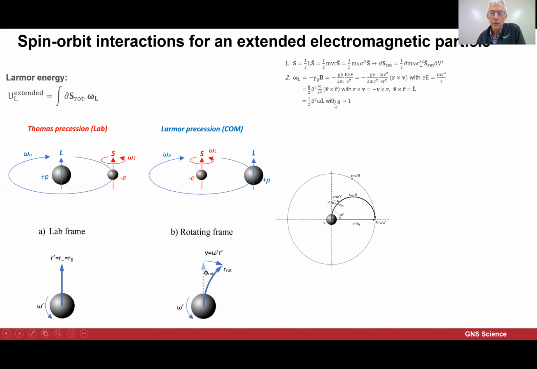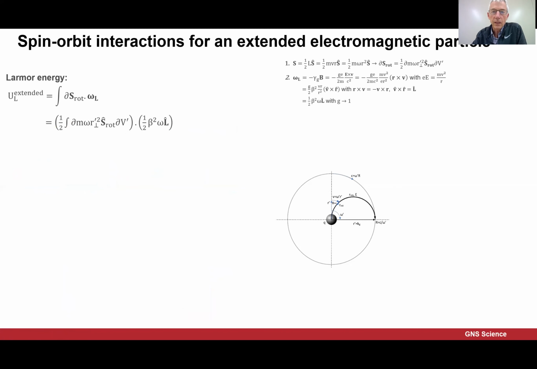The additional thing that we have here is that we are not going to assume a g factor of 2, which was added into quantum theory to make it consistent with experimental results. We are just going to set it to 1, i.e. we're not going to include a g factor in our expressions. So when we add the spin element and the precession element, we end up with this expression.